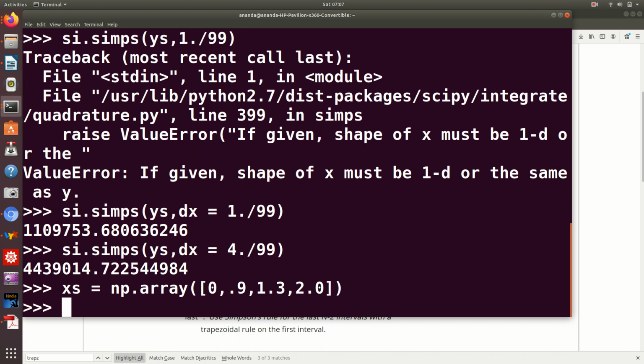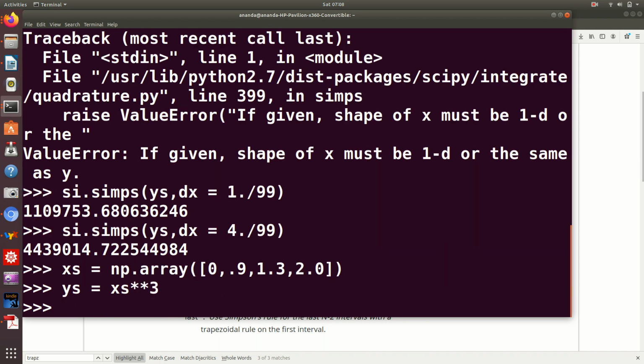And what I want to do is show you that for a cubic function, so let's just take x cubed, Simps actually gives you a close result but not an exact result. So it's y's and x's. This is all you have to give.